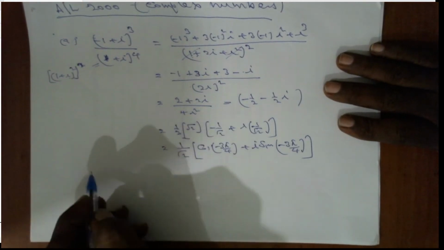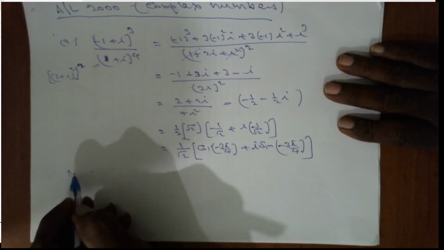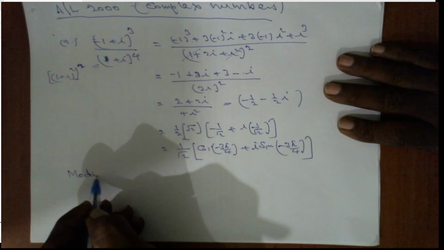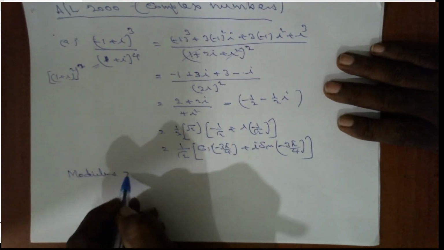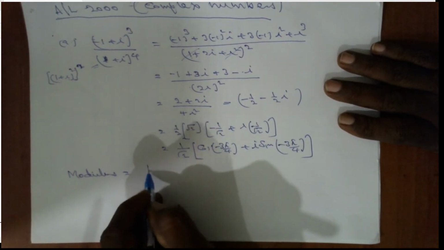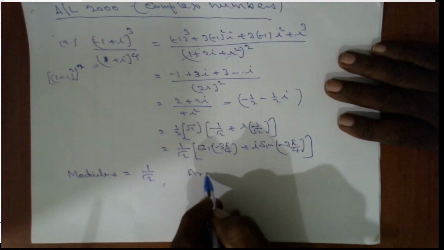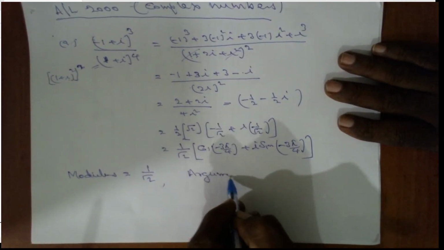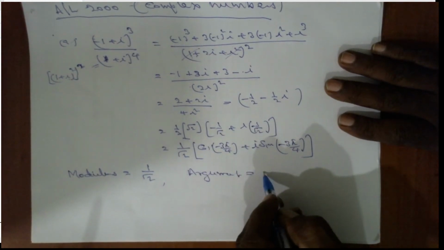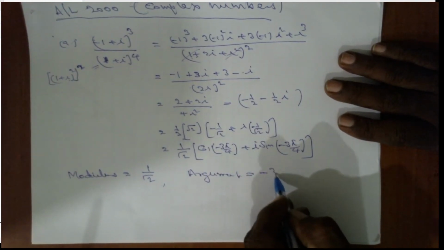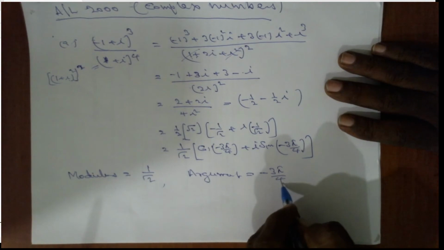Right. Then what is the modulus? Modulus equals 1 over root 2, argument minus 3π/4.